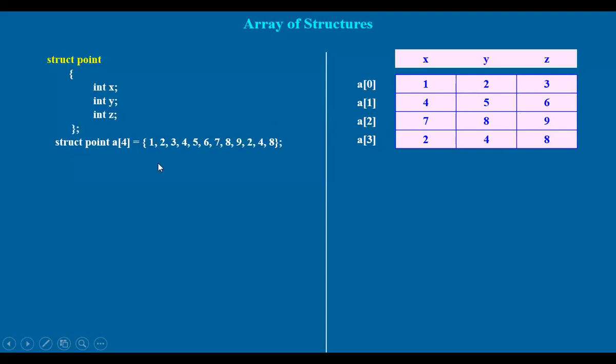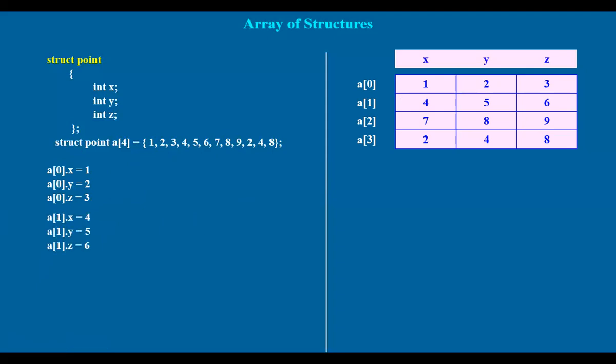Now, suppose you want to access and refer to each and every one of these values. We name these values like this. A0 is the first variable, so for the first variable, all three fields are named .x, .y, .z. The first set of three values, 1, 2, 3, is assigned here to the first variable called A0.